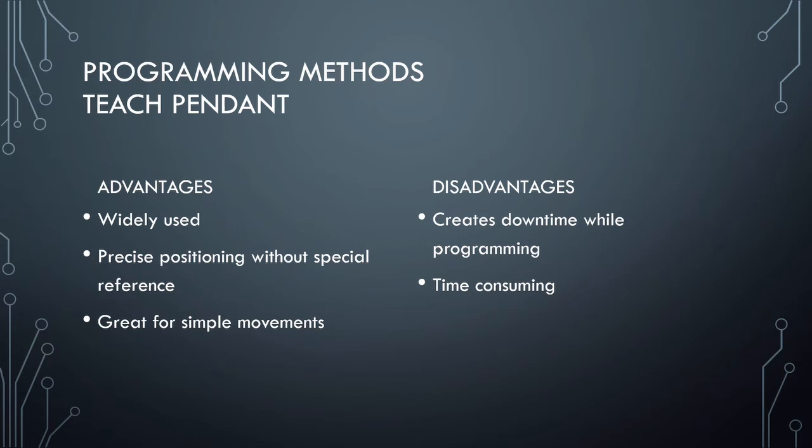So when you're talking about a factory, when you need the machines to be down, meaning they're not producing any sellable products while you are programming, this can create a lot of pressure. It can create a loss of money because the machine is essentially not making money for the factory while you're programming. So that's certainly a disadvantage. Everything has to come to a stop while you're programming, and it can be very lengthy to do.